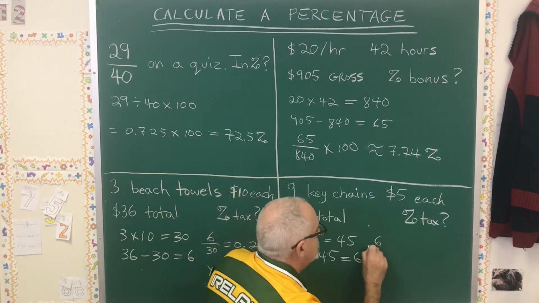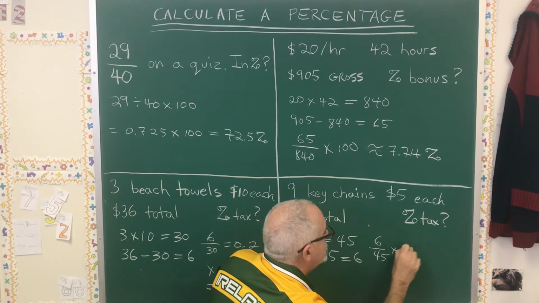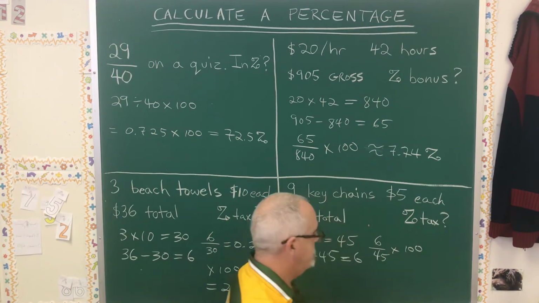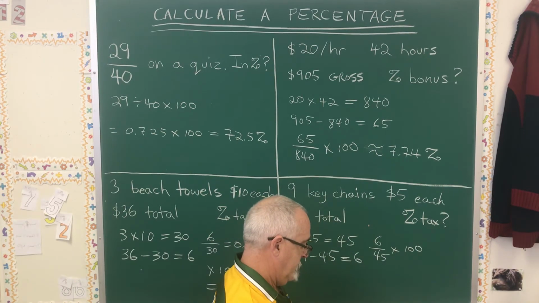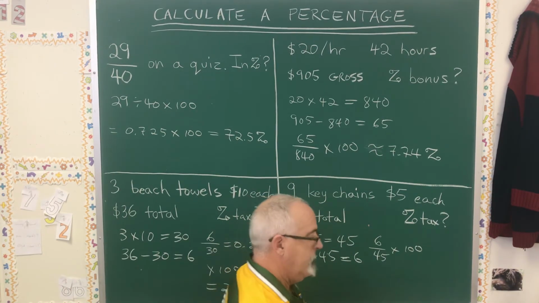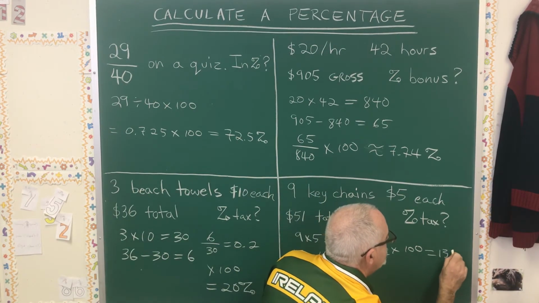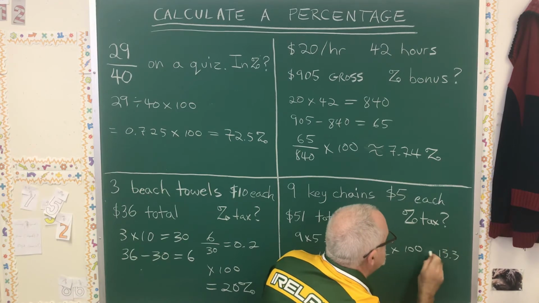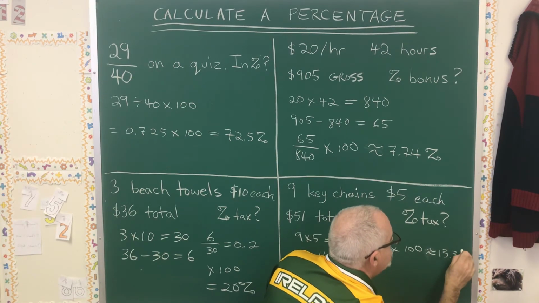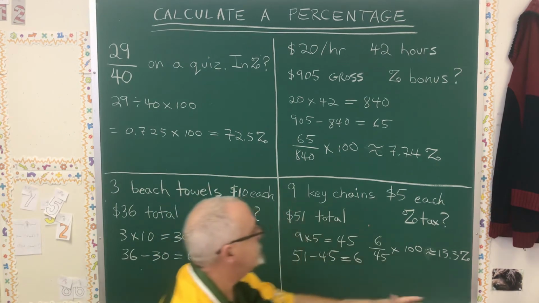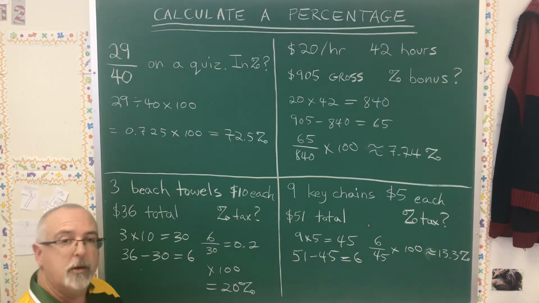When I do 6 divided by 45 and multiply by 100, I'm going to find out what the percentage of tax was. And I get 13.3, I'll say approximately 13.3%. So the tax in this country was 13.3%, where the tax in the previous country was 20%.